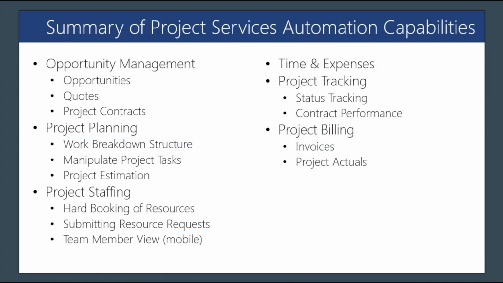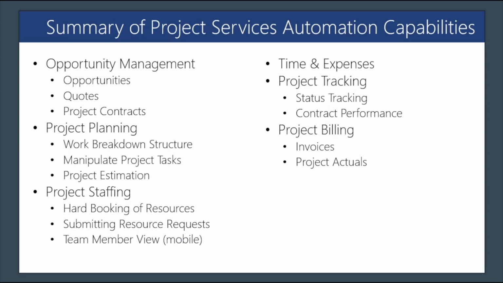So, a quick summary of what we talked about today for our project service automation capabilities. We talked about opportunity management and how the account manager can begin the dialogue with the customer by creating an opportunity, quotes, and then eventually turning that quote into a project contract.